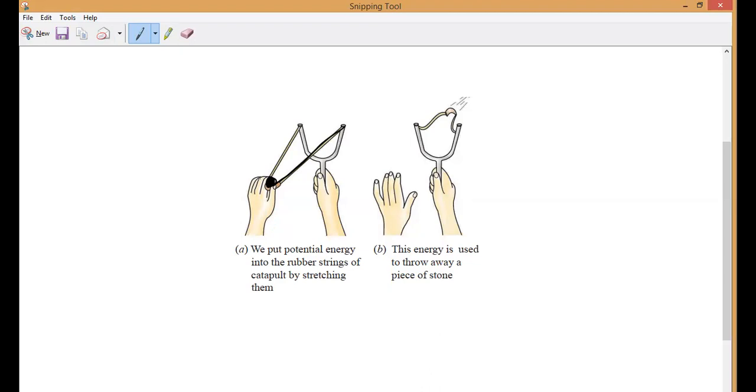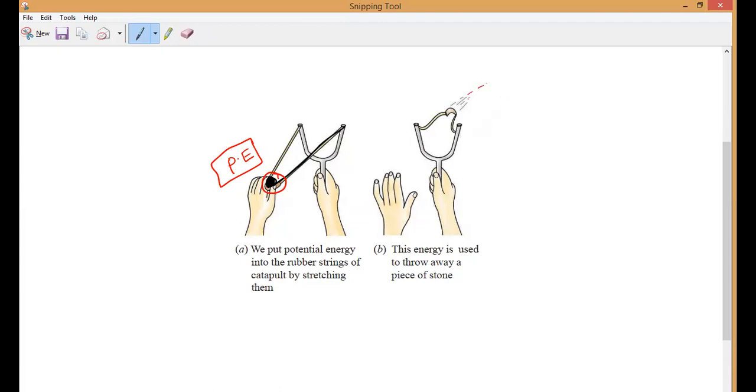Now you tell me, when I stretch this rubber string with a stone, the energy possessed in this string and the stone, which energy, guys? Potential energy. Now, when I release my hand, what is happening?